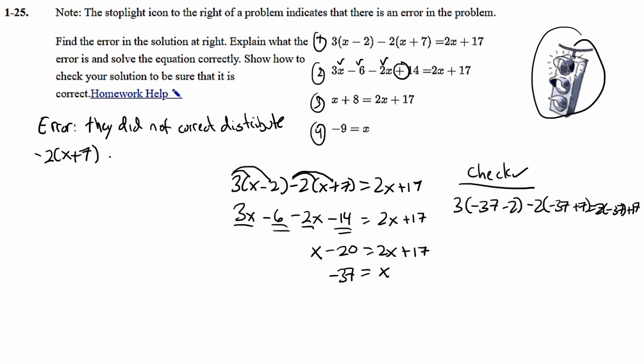So on the left hand side, 3 times negative 37 minus 2 parentheses negative 37 plus 7 in parentheses gives me negative 57. And if I'm right, I see the same thing on the other side. So 2 times negative 37 plus 17 gives me negative 57. Those are both the same answer. So my correct answer is negative 37.